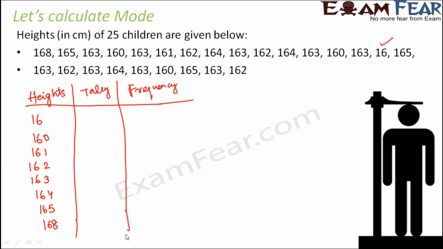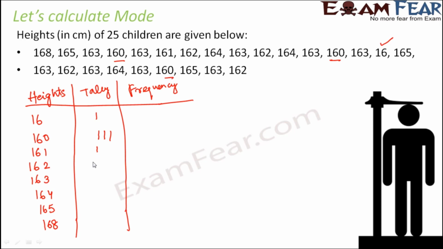So these are the different heights that you have, right? Now how many times each of these heights occur? So 160 occurs 3 times. So you see 1, 2 and 3. So it occurs 3 times.